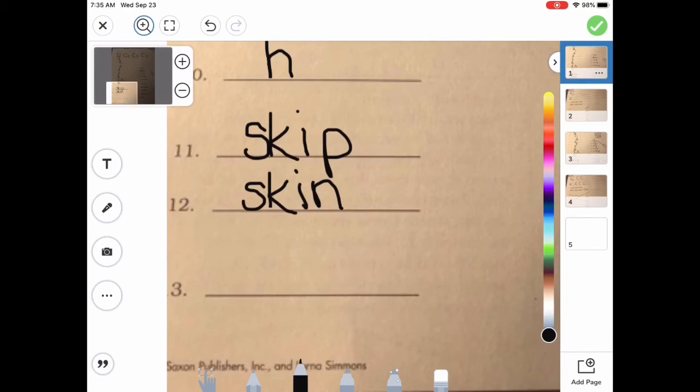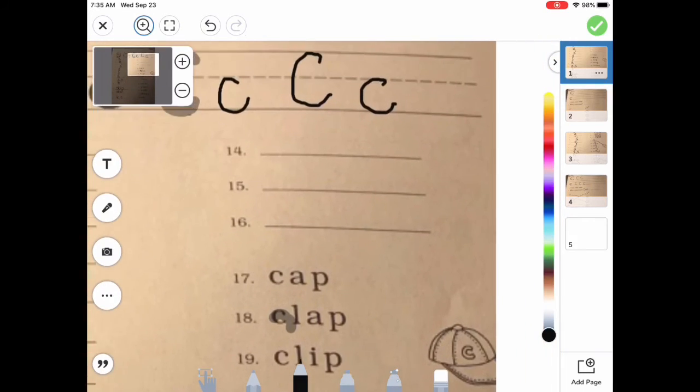Now, on number 13, we're going to try to write the letters that make the K sound, which you guys already said that K does, but now we have to make a comma because we have a new letter that makes that sound. We have a C. So we're going to start putting for K, comma, C, because both of them can make that sound.